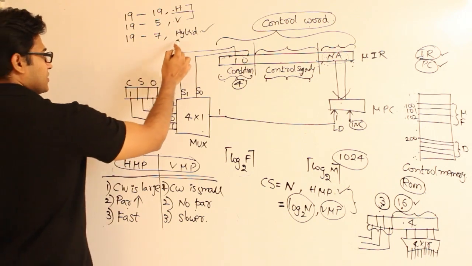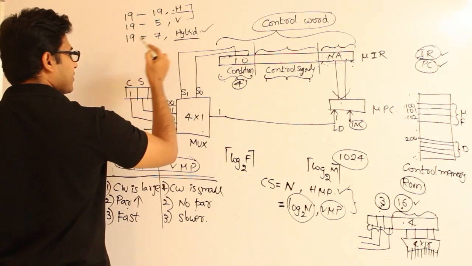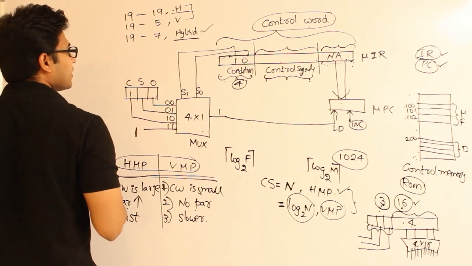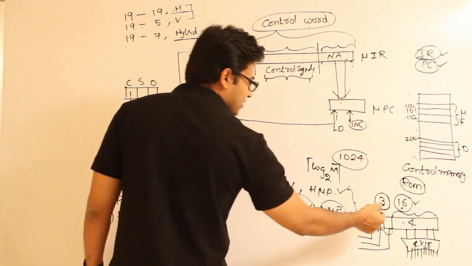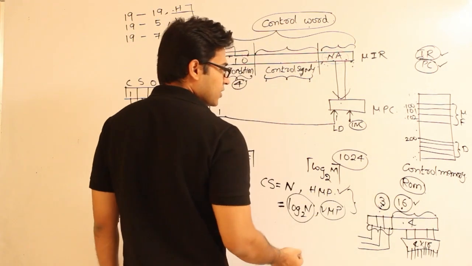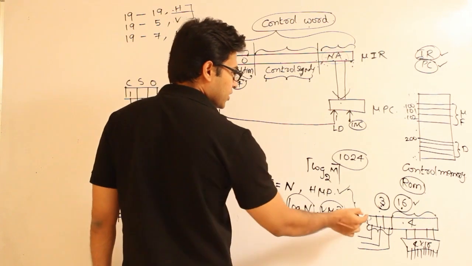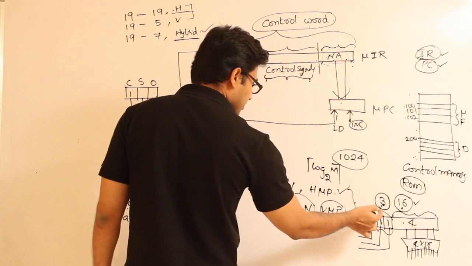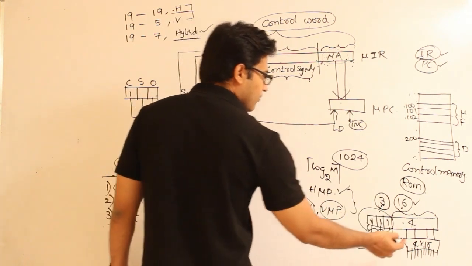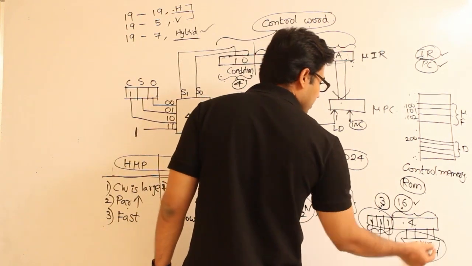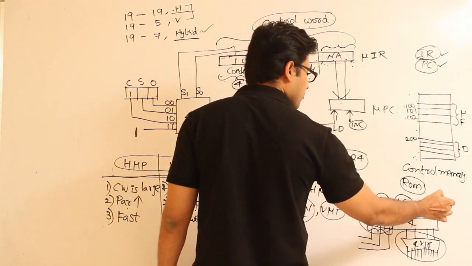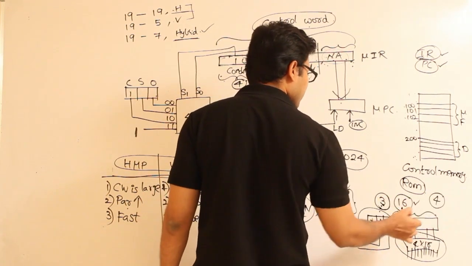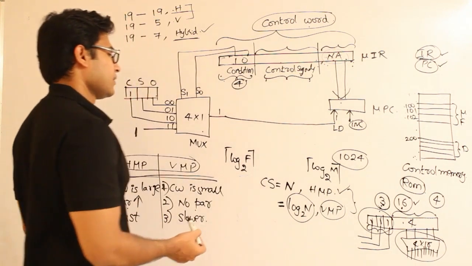The parallelism depends on how many bits we have dedicated for horizontal, right? So in this case, how many maximum control signals can be generated at any time? 4 control signals can be generated. You can make all these ones, which means 3 control signals are going to be generated from this part and 1 control signal will be generated from this part. So at any time a maximum of 4 control signals can be generated, isn't it?